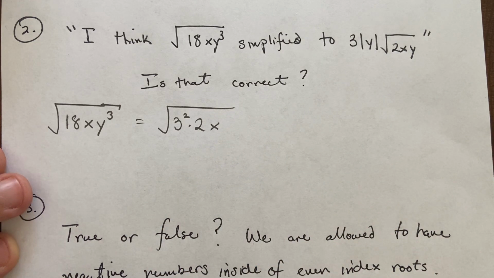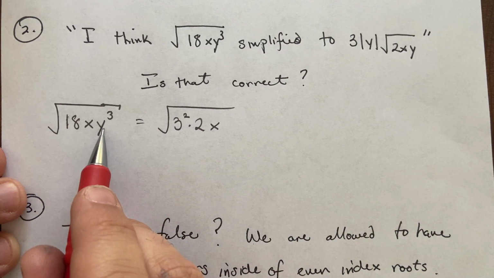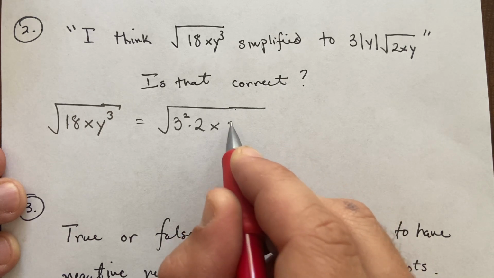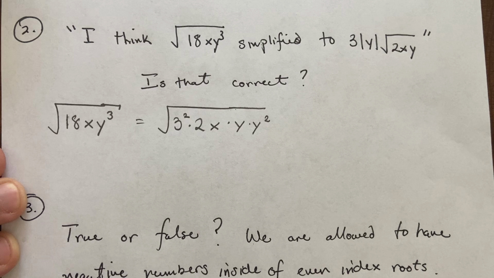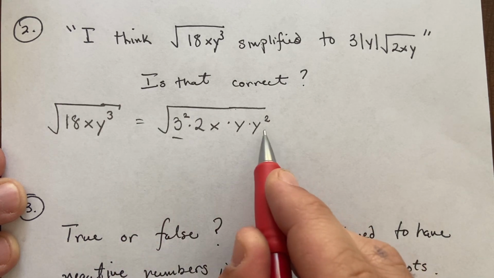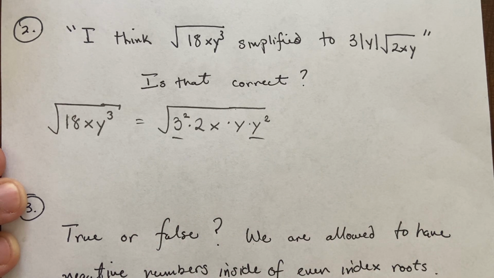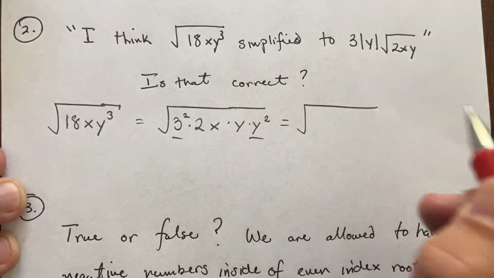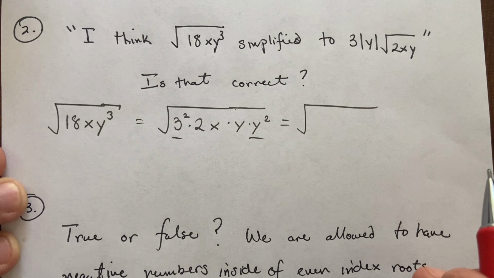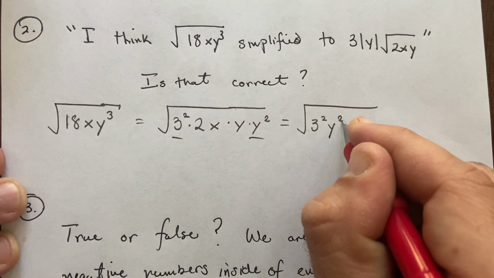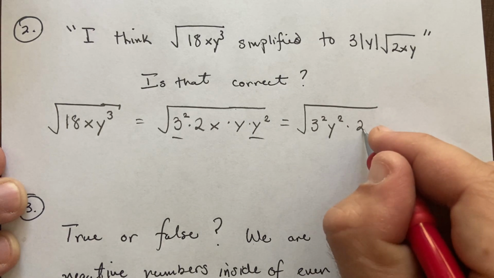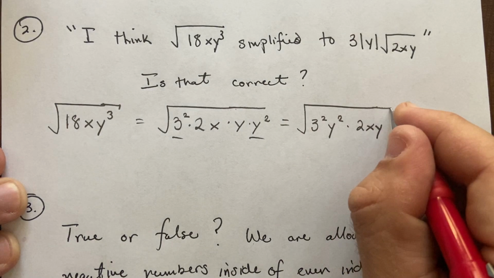The power is too small. Y cubed, I can think of as y times y squared. So out of those, we'll get a simplification. I'll slide those up front. So we have the square root now of 3 squared y squared times 2xy.